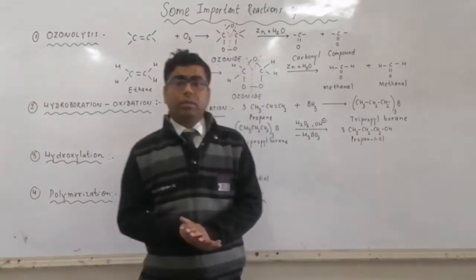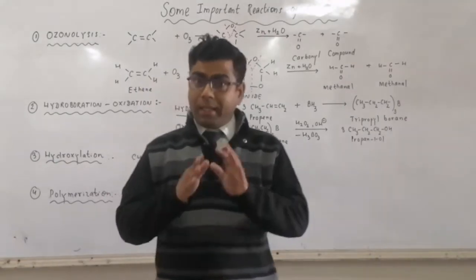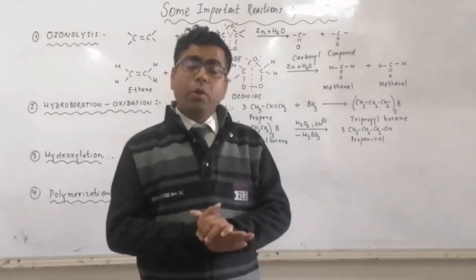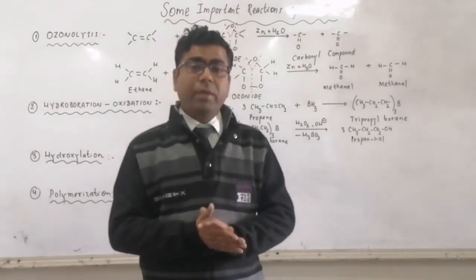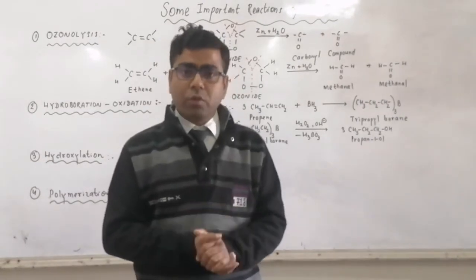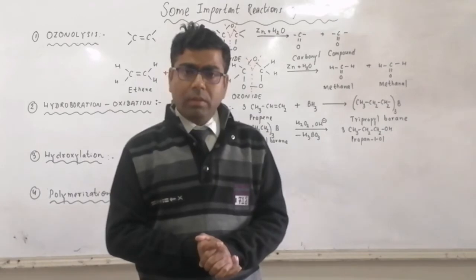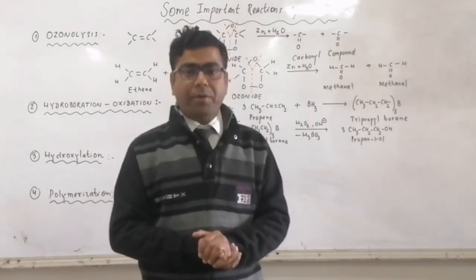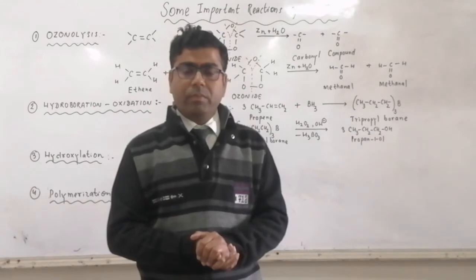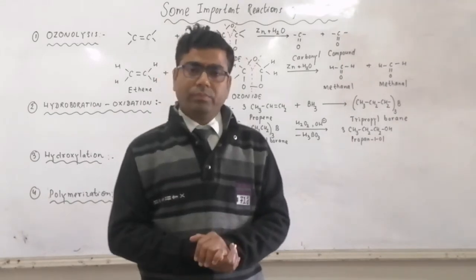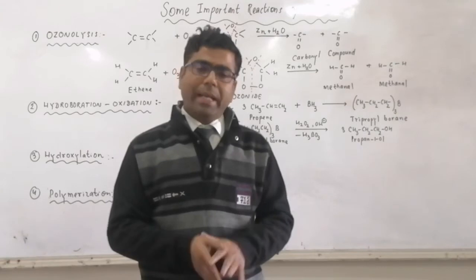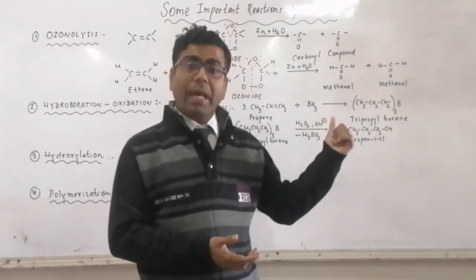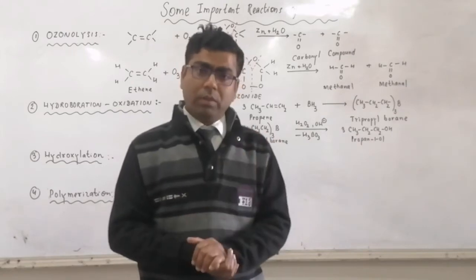The addition of water takes place according to anti-Markovnikov's rule. If we want to convert alkene to alcohol using concentrated H2SO4, that means acidic hydration, then we will get alcohol and the addition of water follows Markovnikov's rule. But here it is anti-Markovnikov's rule.